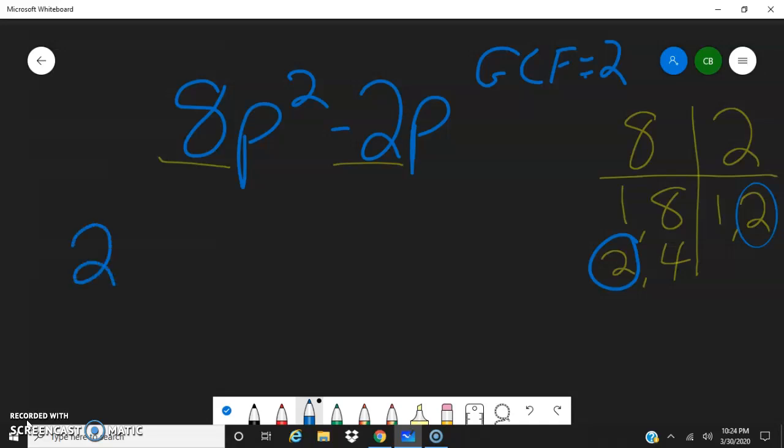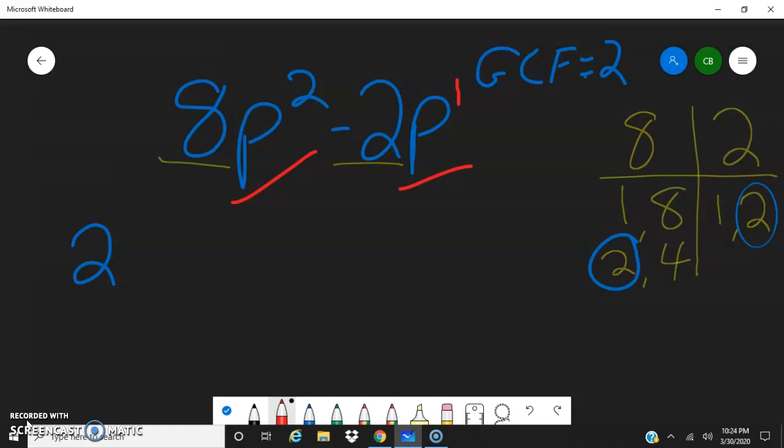From that 8 and the negative 2, we can pull out a positive 2. Then let's look at the p's now. We've got a p squared here, and then a p. We need to figure out the highest amount of p's that we could pull out of that expression. What's the exponent of the second p? 1.